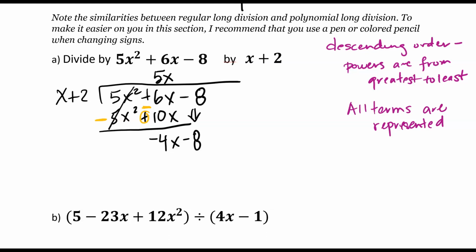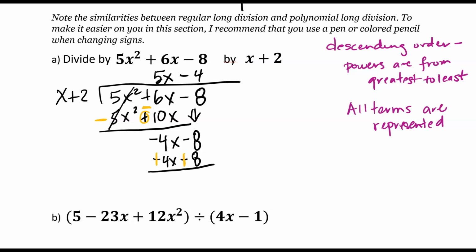X times what is negative 4x. If you said negative 4, you are right. Then we multiply negative 4 times x plus 2. So that's negative 4x minus 8. Then we are going to change our sign. So notice this is a little different. Now we started with a negative. If negative times negative, we be positive.